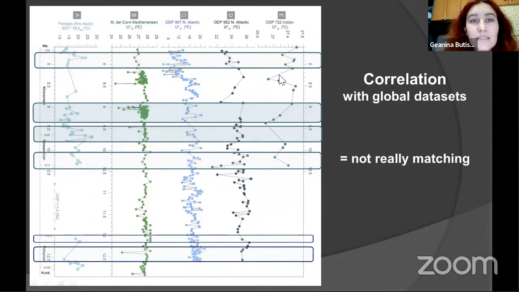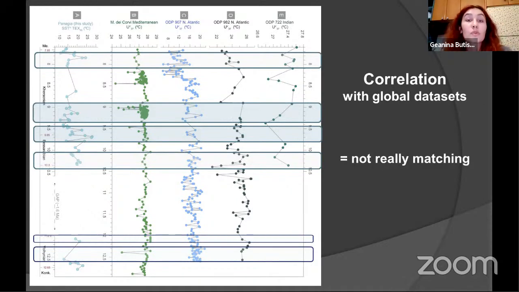So we don't really see many correlations. Maybe some local things, like for example, here what's happening at 9.7 might be from the Atlantic. But the idea is that the signal in general is very different.